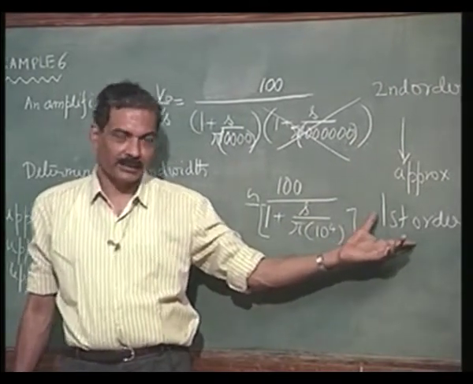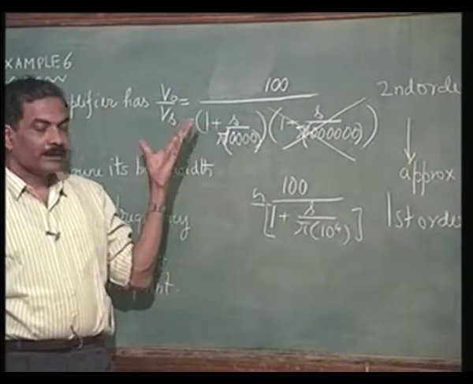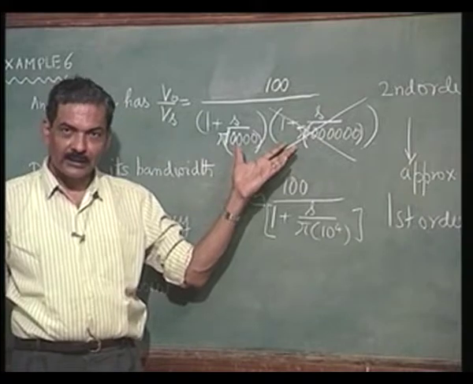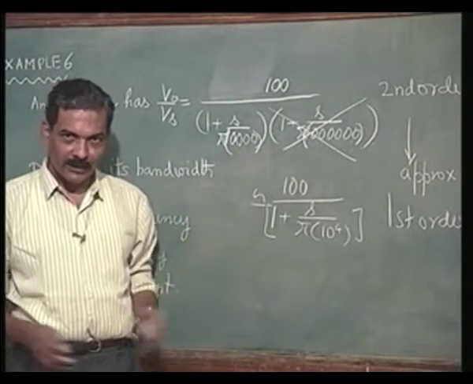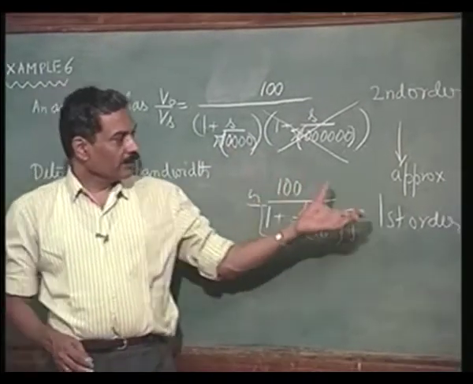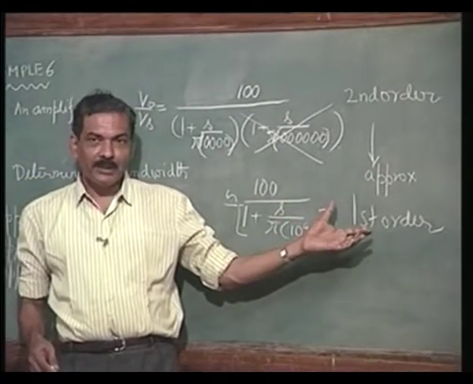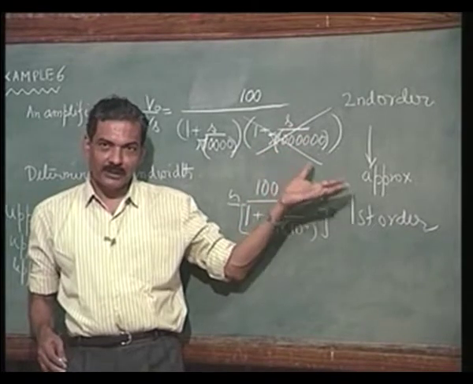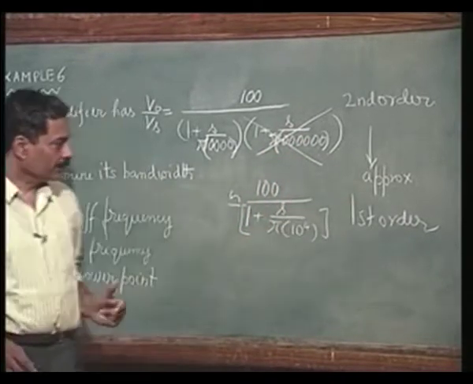So, please remember that. If the corner frequencies are far apart from one another, such that they are 10 times apart, okay, then it can be considered that the other one, the far away one, can be ignored within the band.